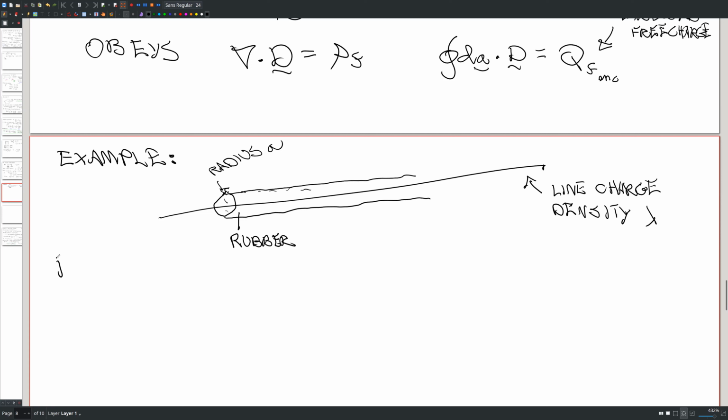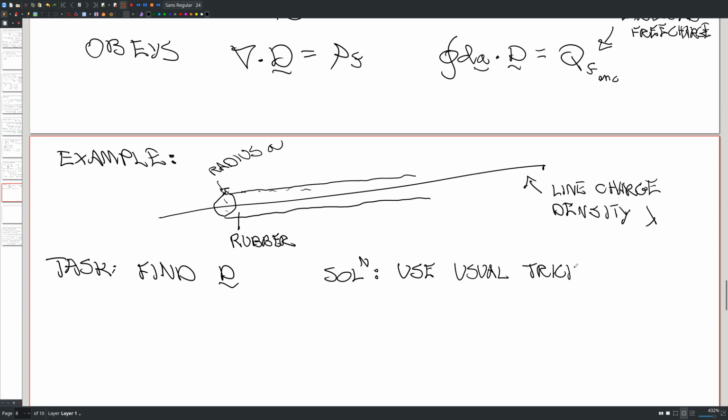So let's imagine that our task is to find D. So what do we do here? Well, we can just use the usual tricks. The trick of Gauss.